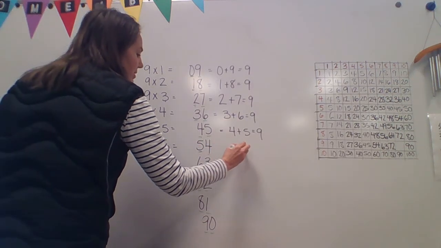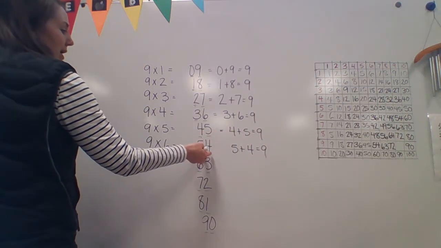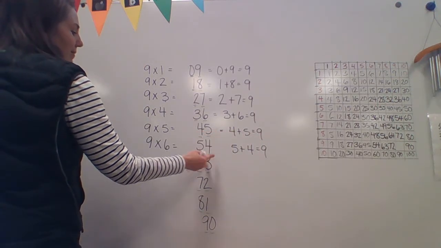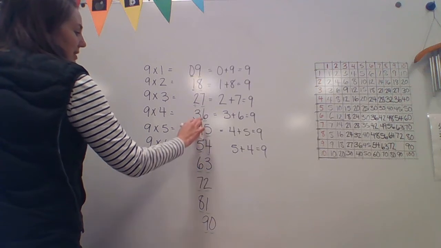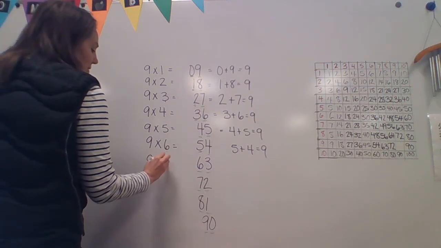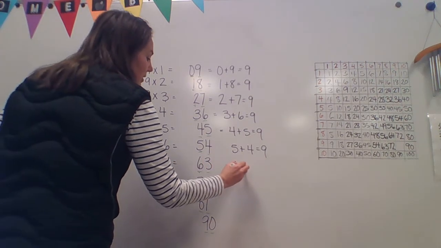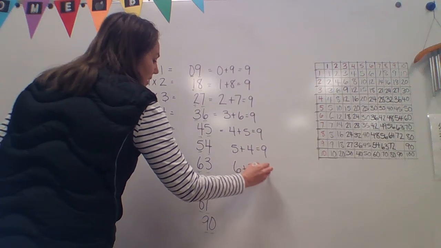I have 5 plus 4 also equals 9. And you may have noticed that now I'm going backwards, right? I had 4 and 5, and now I have 5 and 4. Next, I'm going to have 6 and 3. That's backwards of 3 and 6. So I have 9 times 7. 6 is 1 less than the 7, but I still have 6 plus 3, making 9.